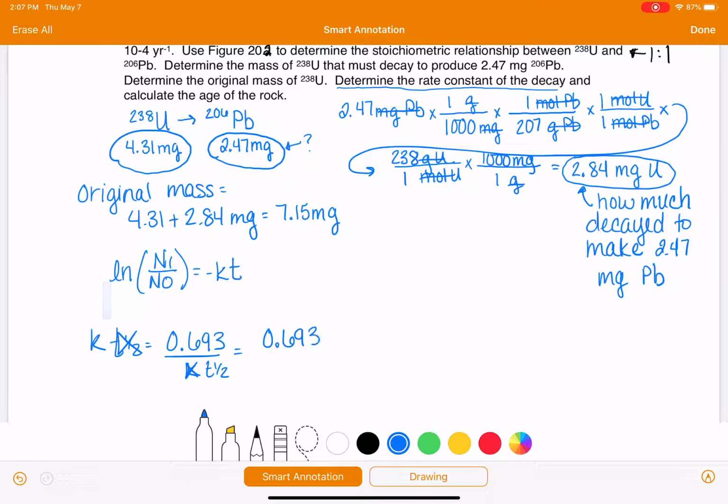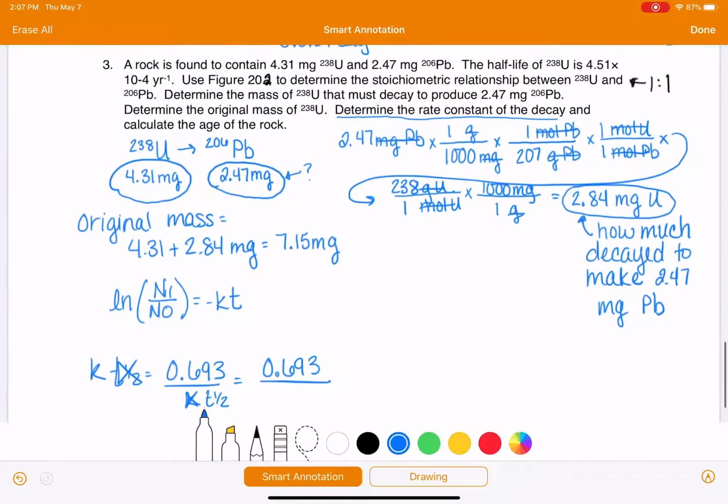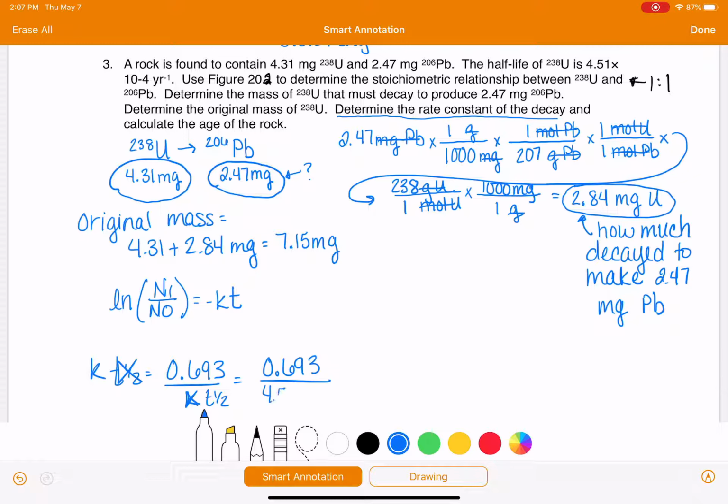The rate constant is going to be 0.693 divided by our half-life, 4.51 times 10 to the 4 years. Again, that's not inverse years, it's just years. So our rate constant is 0.693 divided by 4.51 times 10 to the minus 4, 1537 inverse years. That's our rate constant.